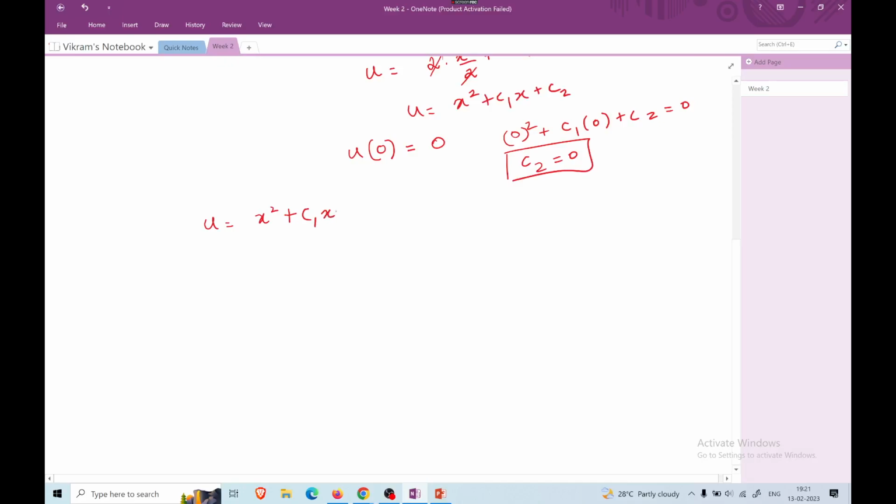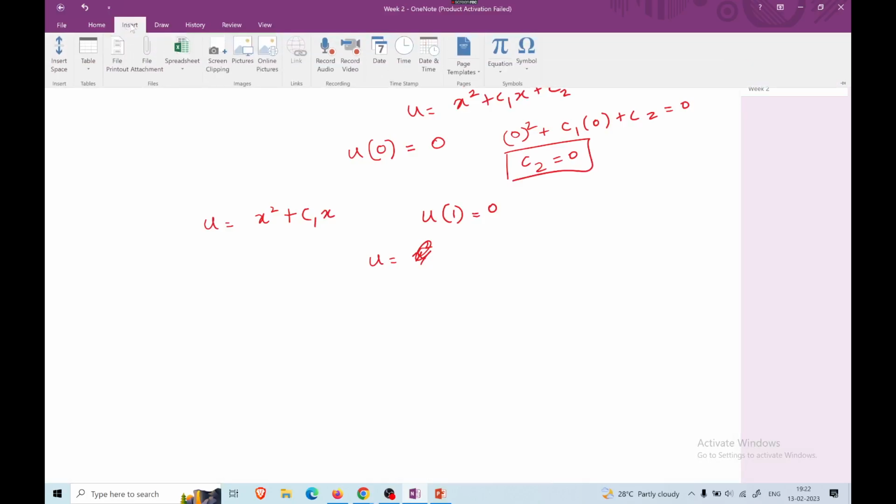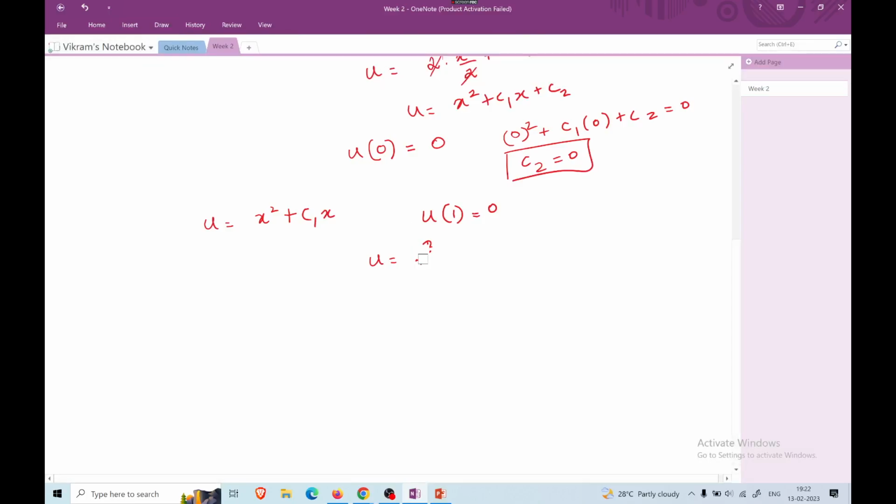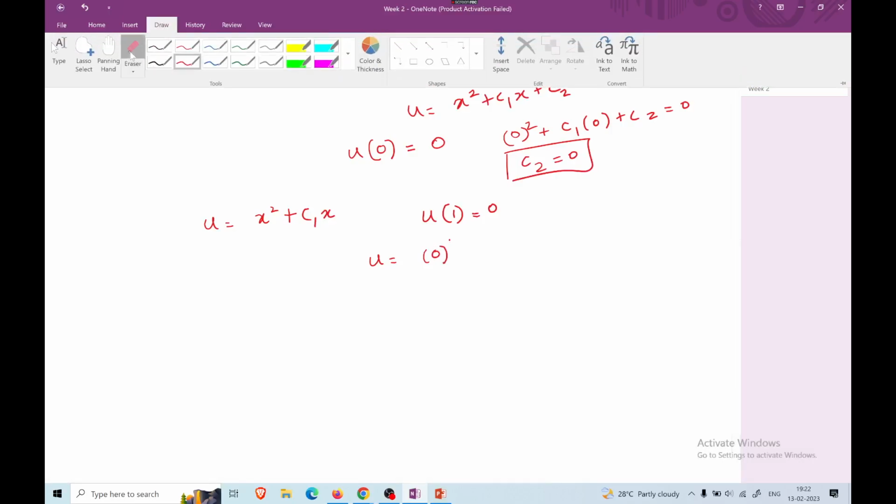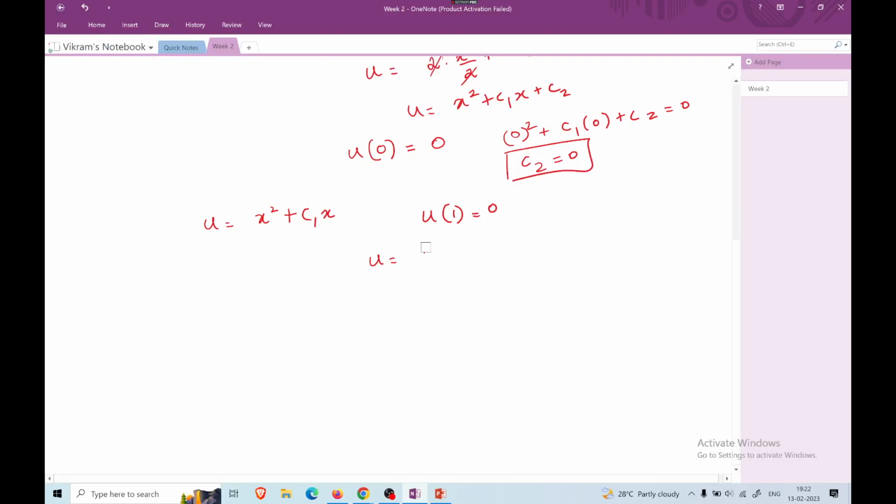Now for u of 1 equal to 0, the next boundary condition: 1 square plus c1 into 1 is equal to 0, so c1 is equal to minus 1.